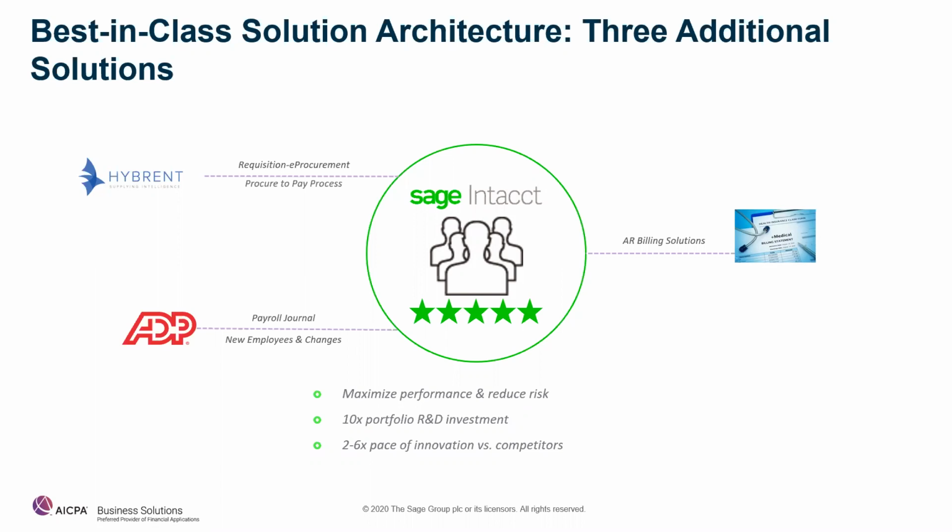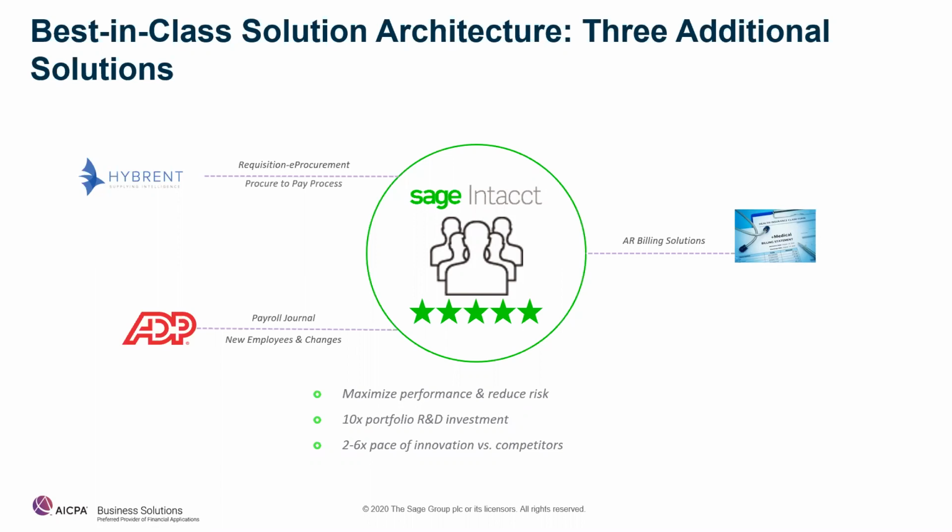The takeaway here is that Sage Intacct was architected specifically to be that financial management solution that would integrate with these other best-in-class applications. So our architecture is open. It's easy for those integrations to be connected into us. This is really what we do and what we do best, and we've been doing it now since 1999.